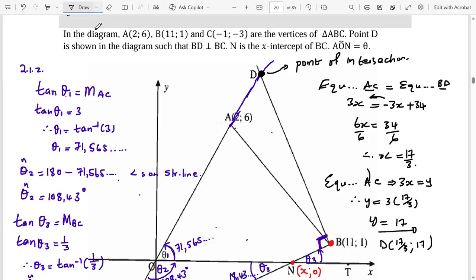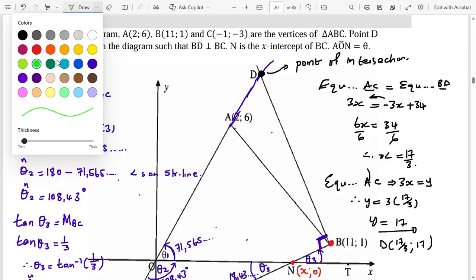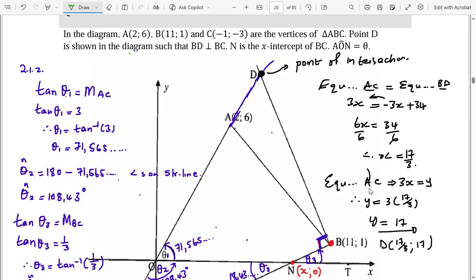Now, let's assume that maybe you prefer to use, remember we used equation AC to find the corresponding y value. We can also use equation BD. So if you use equation BD, your y will be -3x plus 34. Then your y will be -3 times, where there's x, I'm going to put 17 over 3, then add 34.